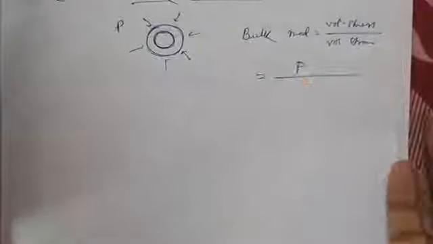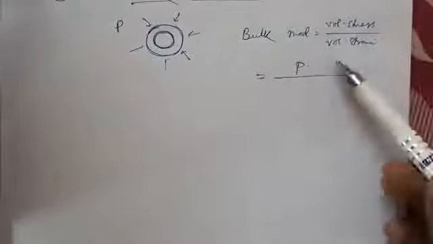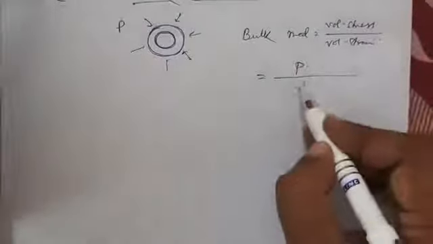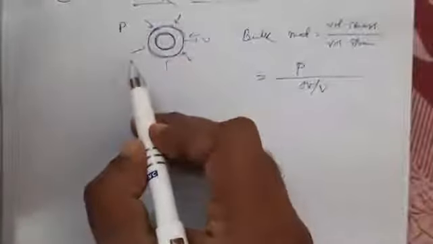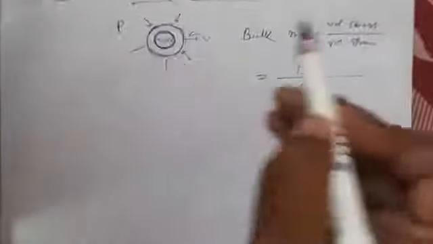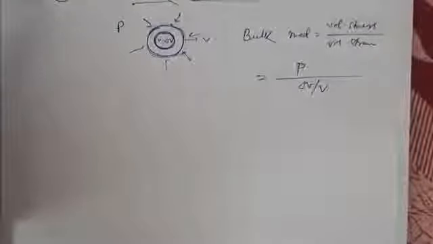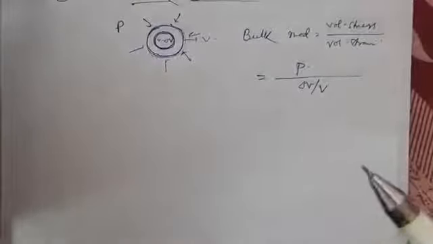Pressure means force by area. Now volume strain is change in volume by original volume. The original volume was V, and the volume after being compressed is V minus delta V. That means delta V amount of volume has been compressed. So delta V by V.